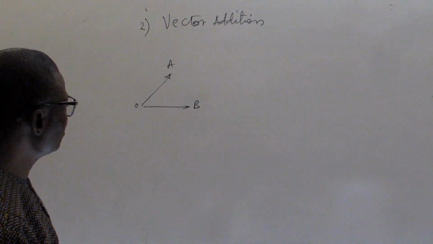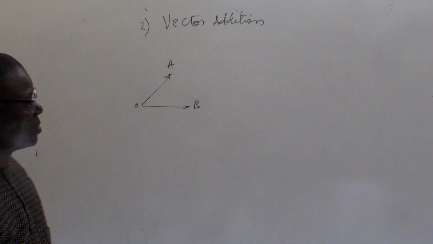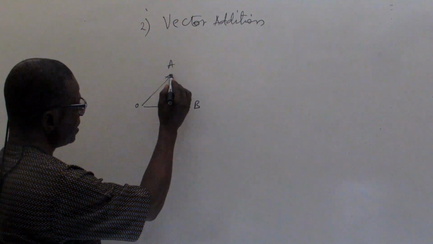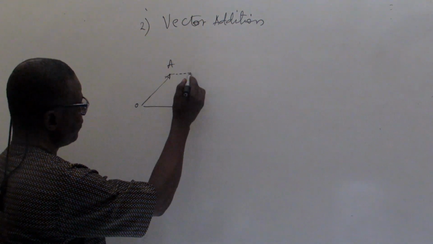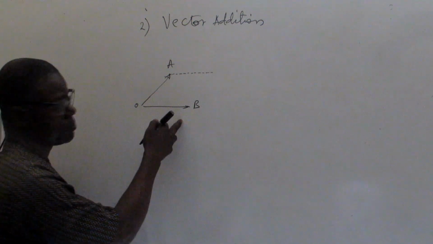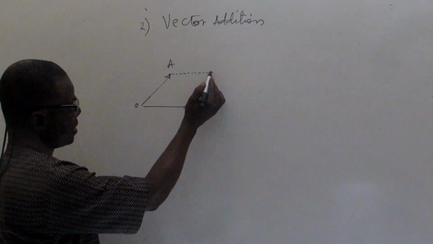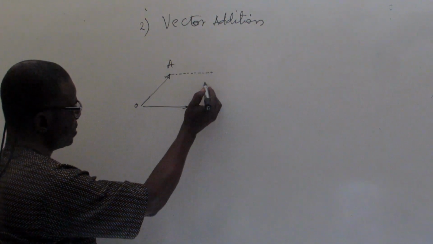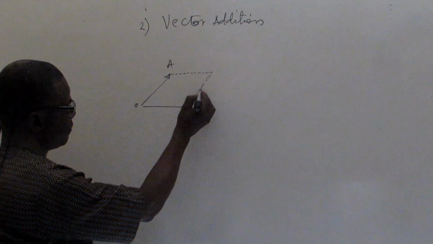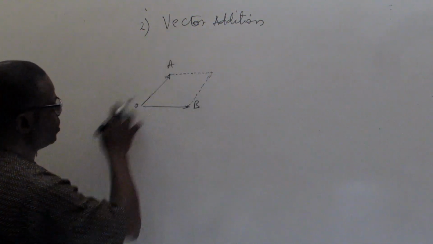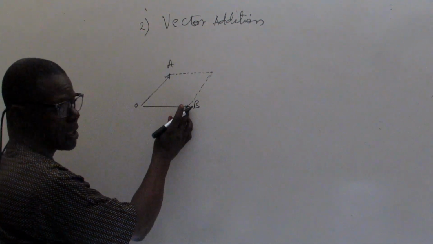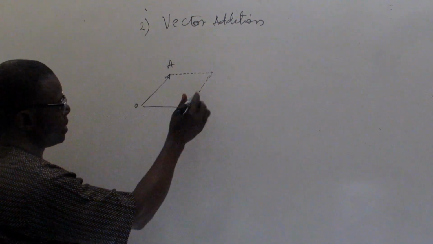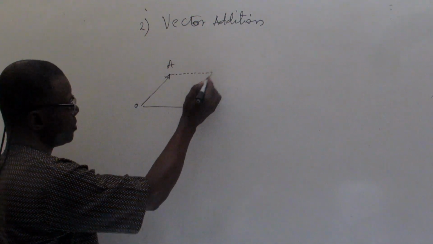The parallelogram rule says we should draw an imaginary vector parallel to B from tail to tail at this point, and then from the head of B, we draw a vector parallel to A. When they come here, they intersect.